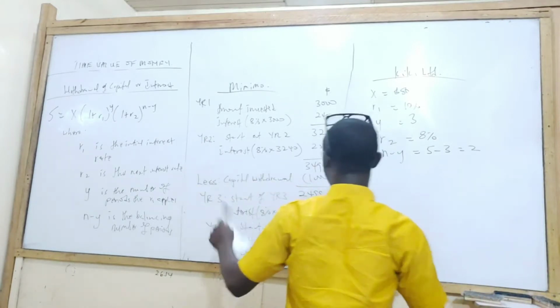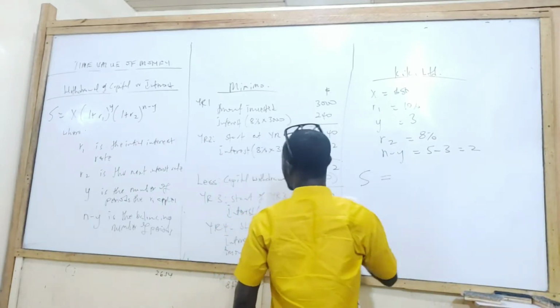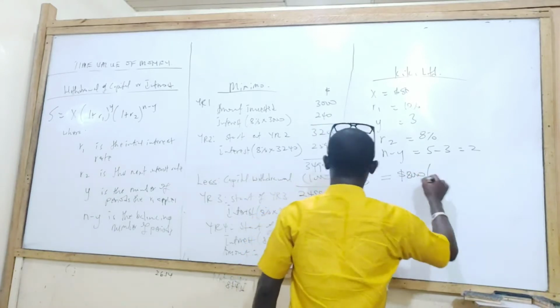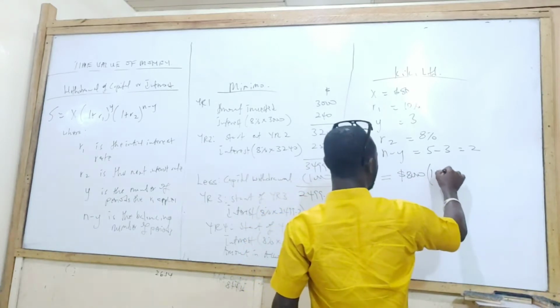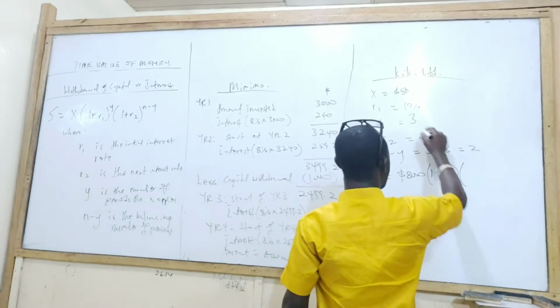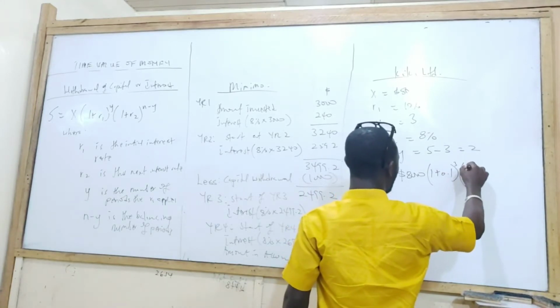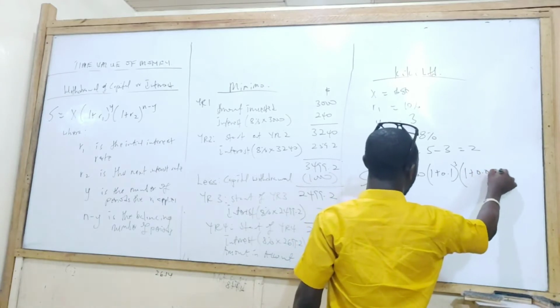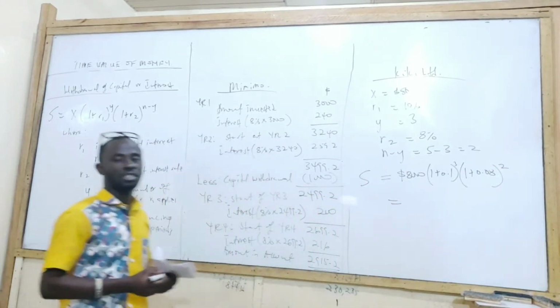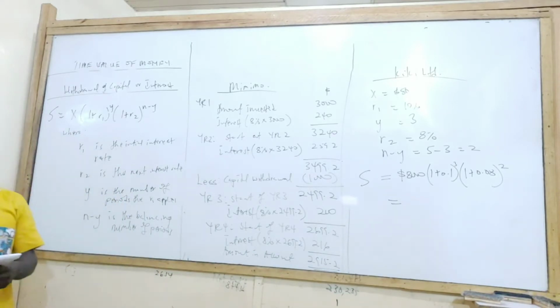So we substitute it into the formula. The amount that will be in the investment will be $8,000 multiplied by 1 plus 0.1 exponent 3, then 1 plus 0.08 exponent 2. So we punch it out and we get our answer.